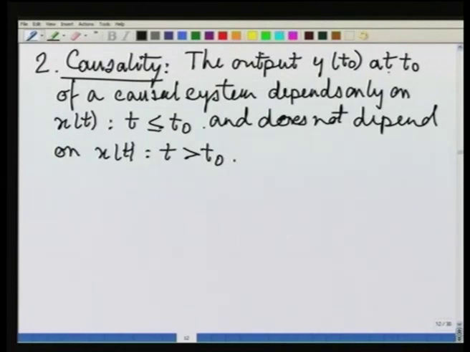This is the important property of a causal system.